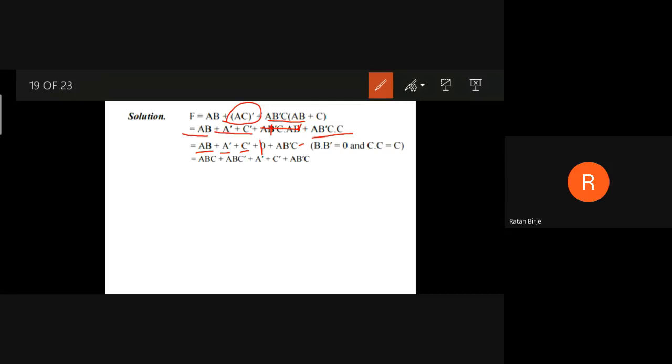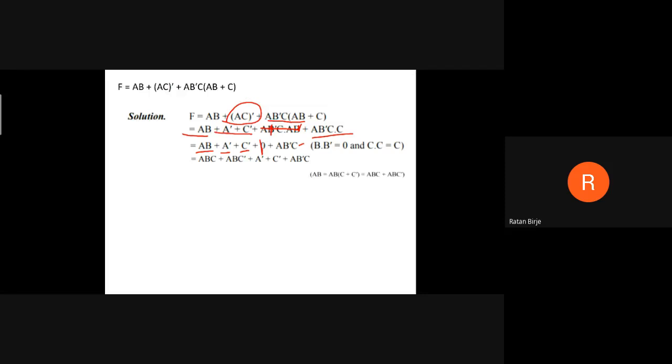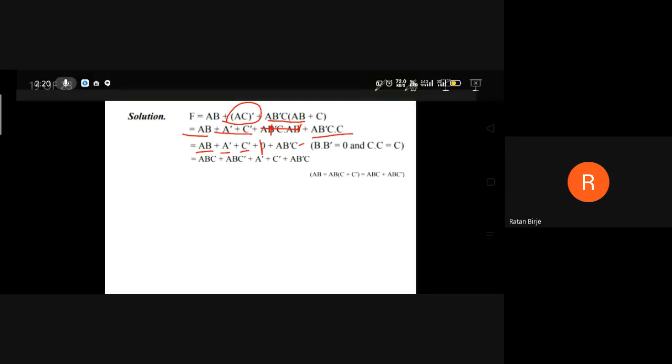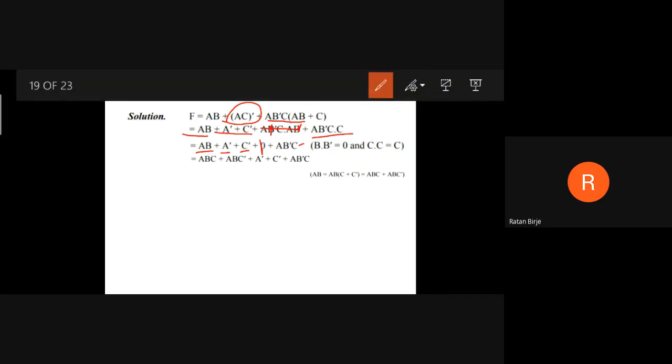Next, now what I have done, after this step, I have taken AB. I can represent AB as ABC plus ABC dash, because C plus C dash is equal to 1.